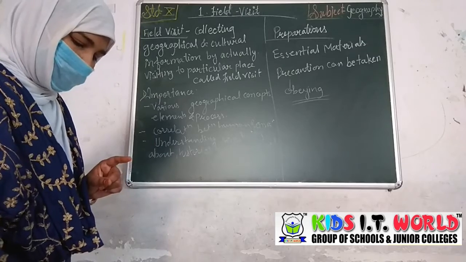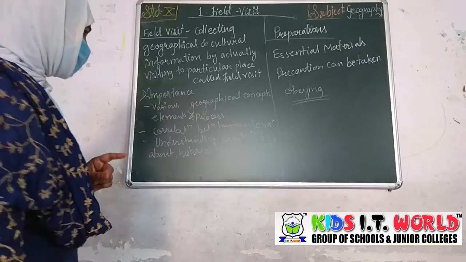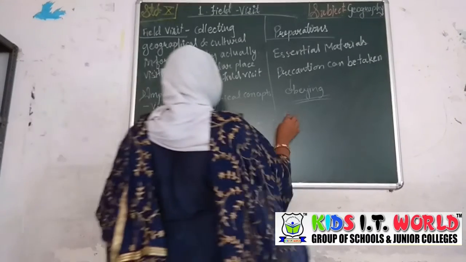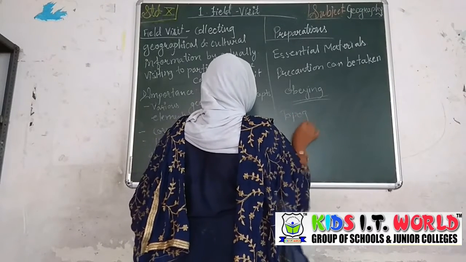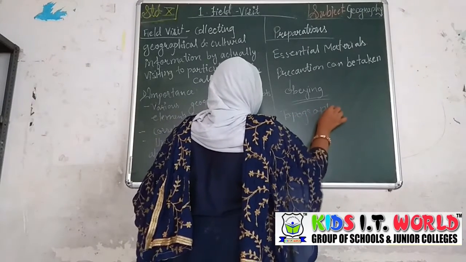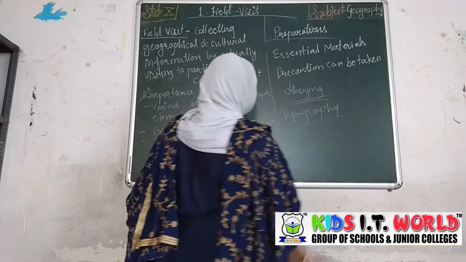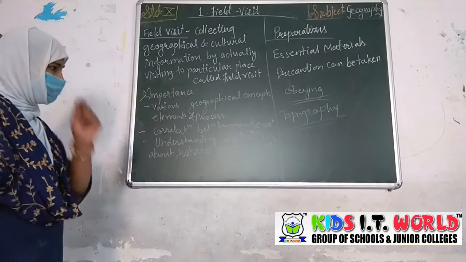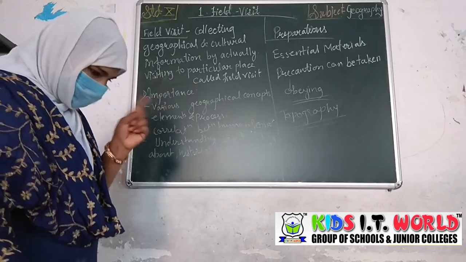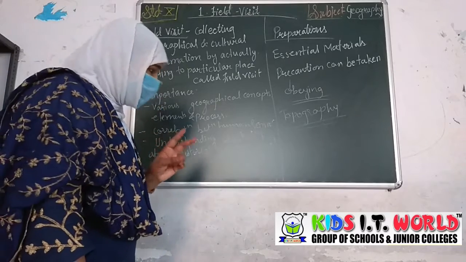The first observation made by the students is about the topography. Topography, or physiography, is the arrangement of any area. So the first observation made by the students is undulating topography, meaning the uneven arrangement of the area. Then they observe the settlement.